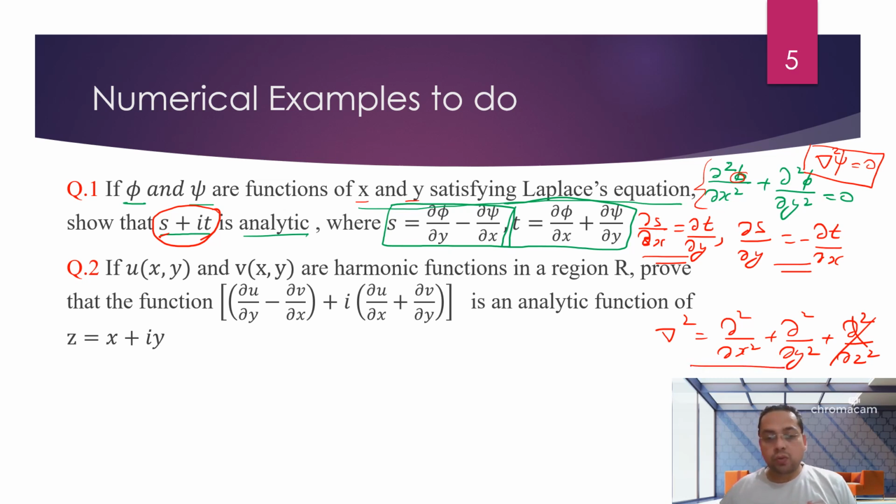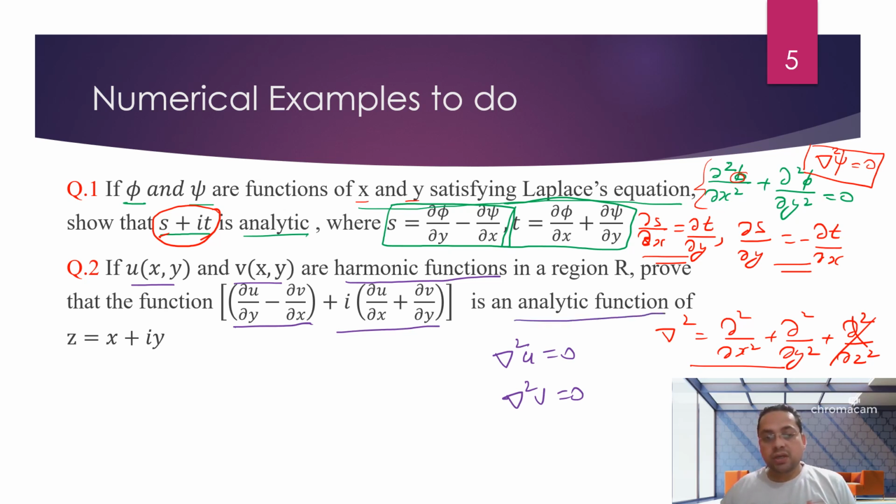For the second question onwards, if u and v are harmonic functions, that means again u and v satisfy the Laplace equation, that is del square u is equal to 0 and del square v is equal to 0 is given. Then the function this plus iota this is analytic. Again the same process.